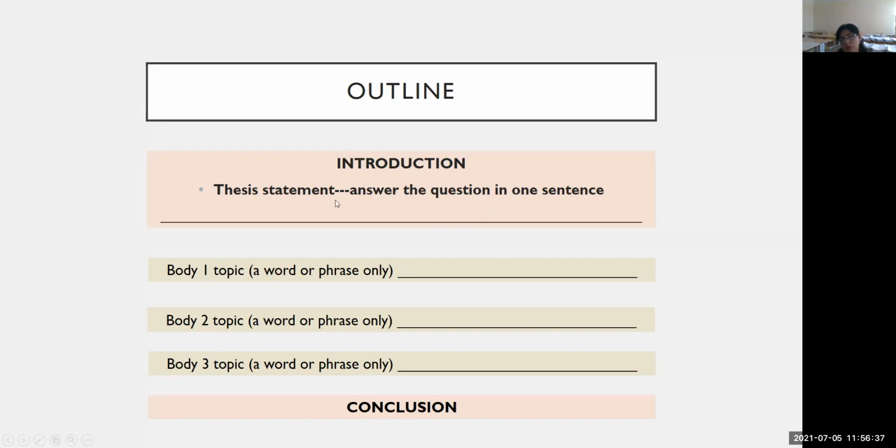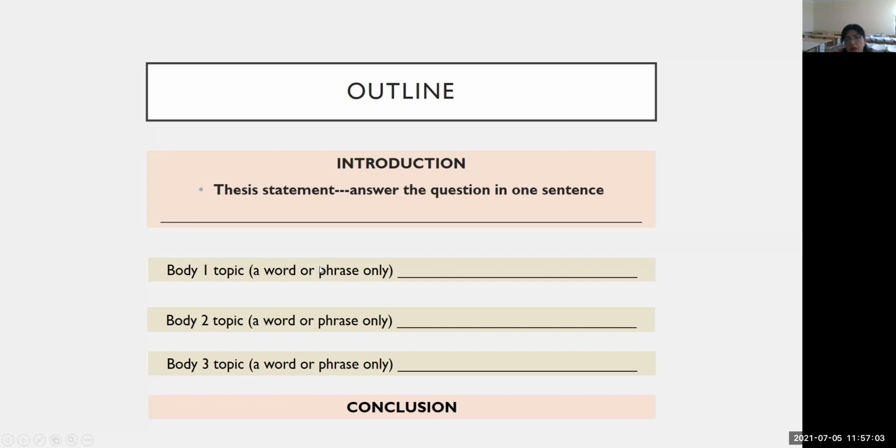And in the thesis statement, you should answer the question in one sentence. And then comes a body paragraph. It depends on your arguments, how many body paragraphs you will have. You may have one body paragraph, 2 or 3. It depends on you.